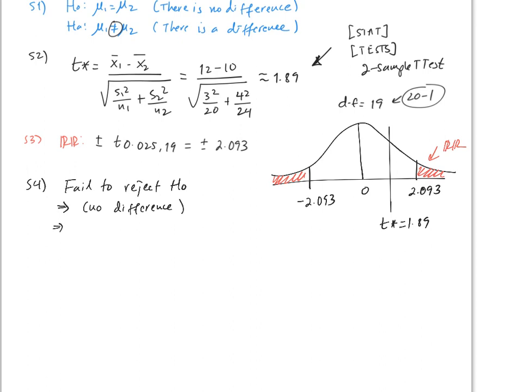So this implies that there is not enough evidence to support Apple's claim that the battery in the iPhone lasts longer than the Google phone.